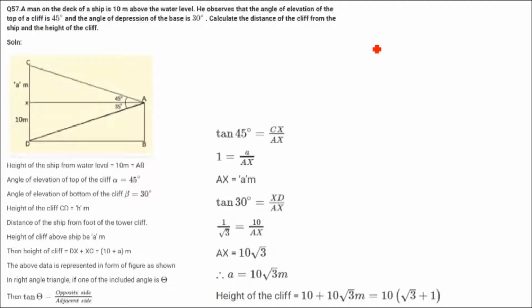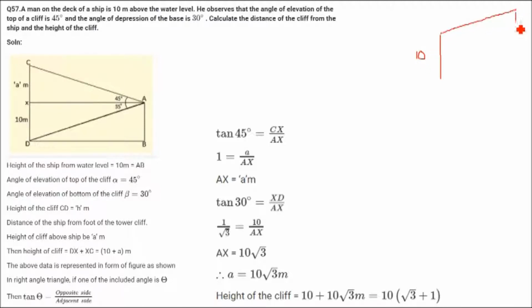A man on the deck of a ship is 10 meters above the water level. He observes the angle of elevation of the top of a cliff is 45 degrees and the angle of depression of the base is 30 degrees. Calculate the distance of the cliff from the ship and the height of the cliff. So a gentleman is standing here, and this is 10 meters.